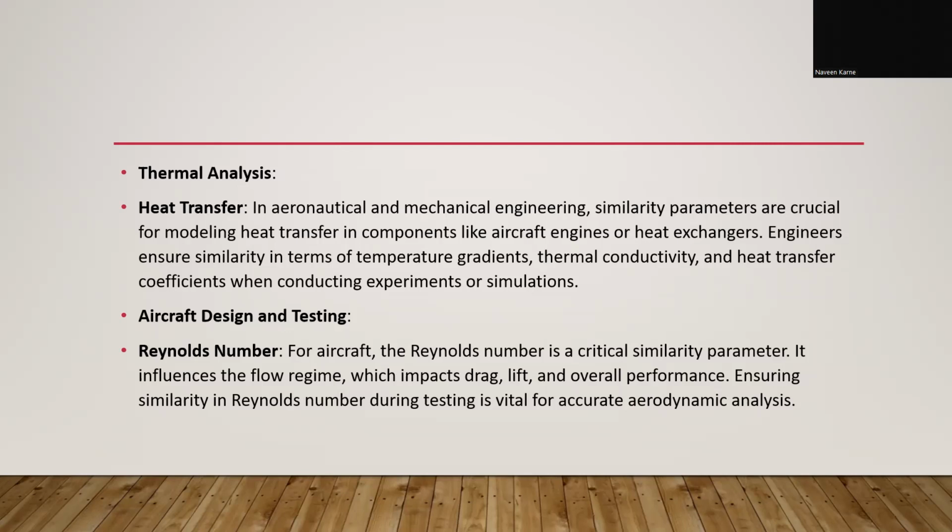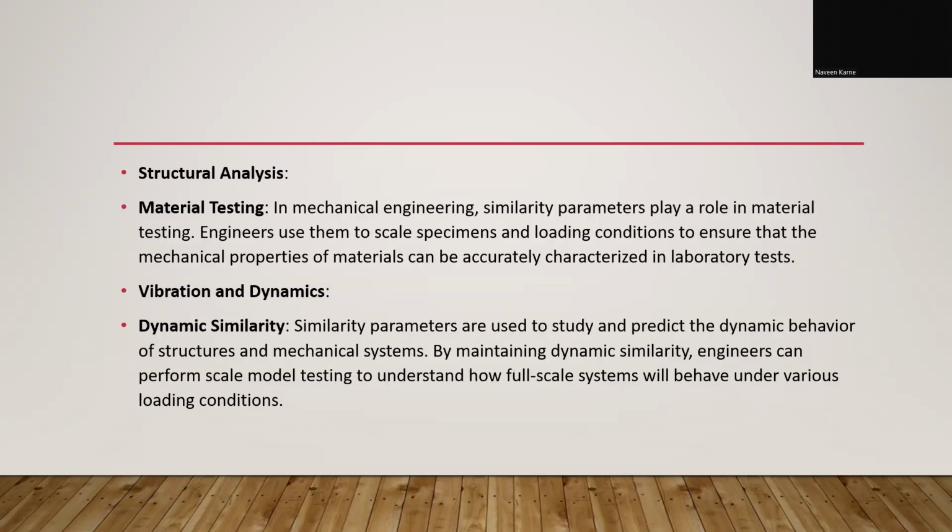Another one is kinematic similarity, which includes the velocity and acceleration components. The velocity comes in this kinematic similarity. If we know the velocity of a prototype or a model, then we can find out the velocity of the model or prototype.